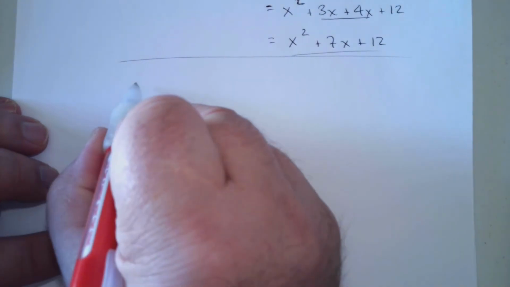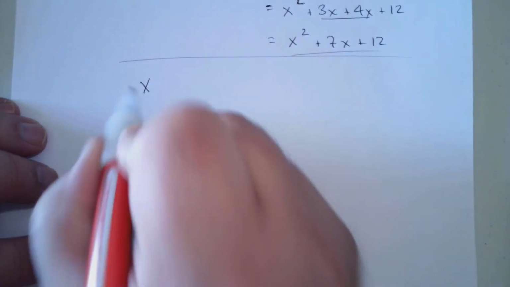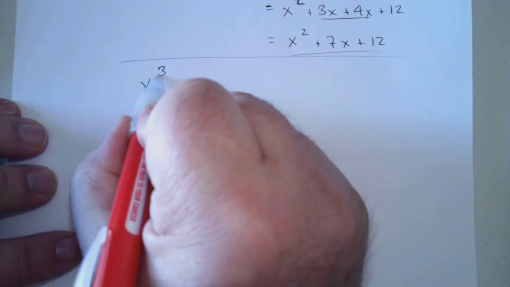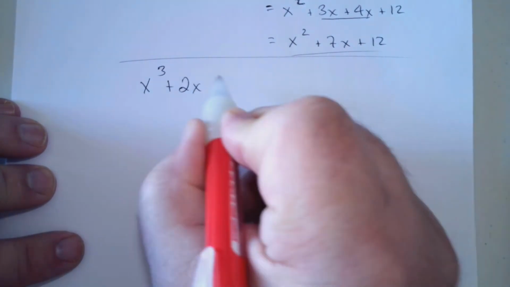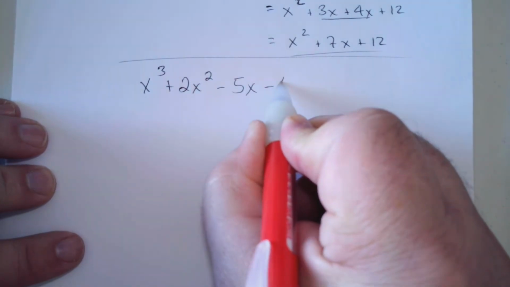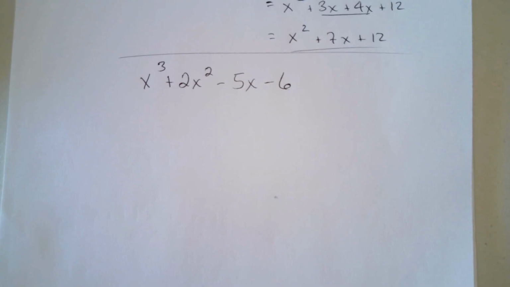But what about the one I gave you earlier? There's x cubed plus 2x squared minus 5x minus 6. Find the factors there. I gave them to you earlier. They were x plus 3, x plus 1, x minus 2.